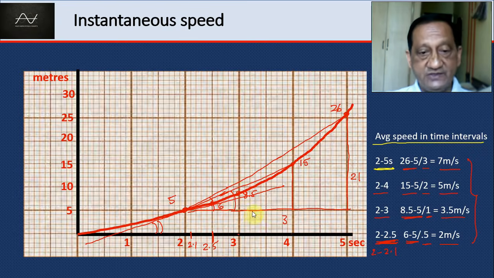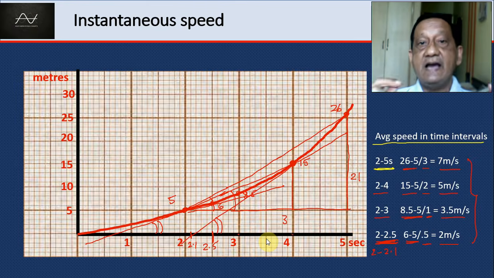So any instant you take, suppose I take 4 seconds, what is the instantaneous speed? At that instant, draw a tangent to the curve. Find the tan of this angle, which is the slope of the tangent. So the summary is average speed is slope of the chord between those 2 points, and instantaneous speed is the slope of the tangent at that point.